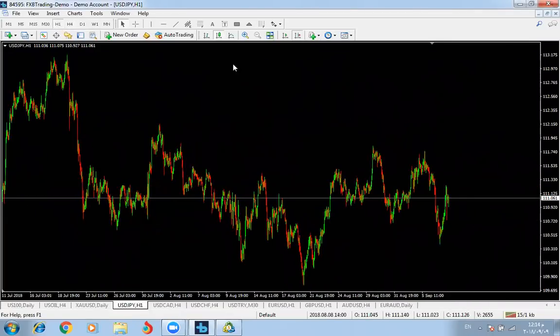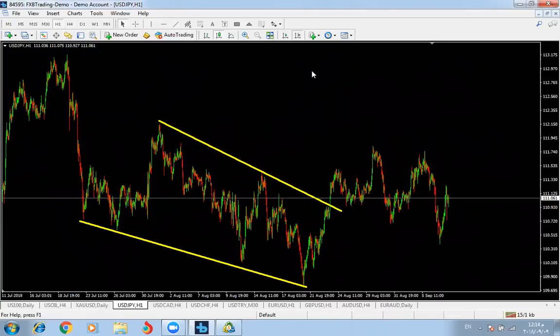This is the contracting diagonal I told you about, and after finishing this contracting diagonal for wave C of wave 2, an impulse appeared showing 5 legs to the upside from this bottom. This is 1, this is 2, this is 3, this is 4, and this is 5.